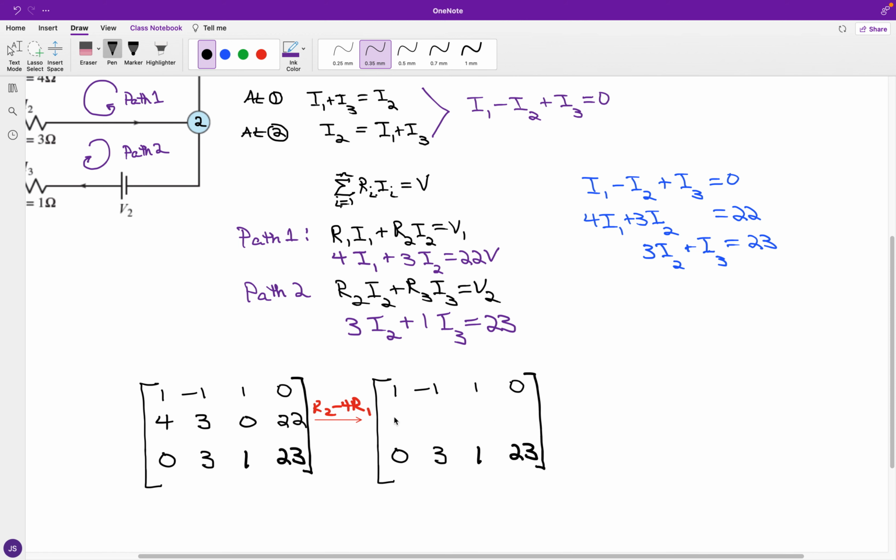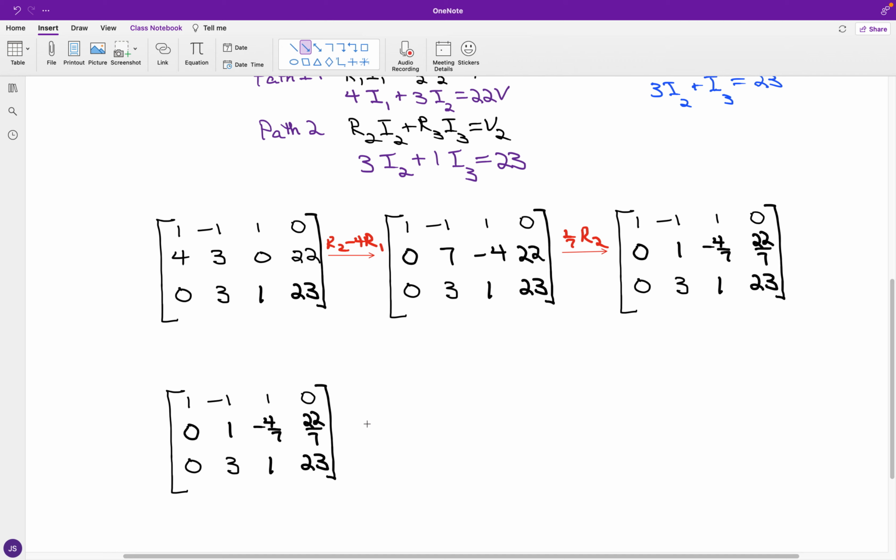Okay, so in the rewrite we have 0, 1, negative 4/7, and 22/7 at this phase. Okay, so I want to convert this 3 to a 0.